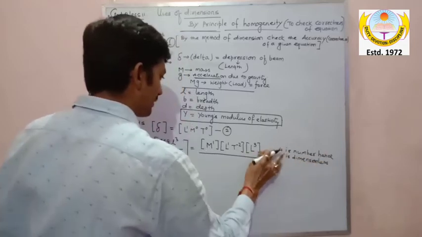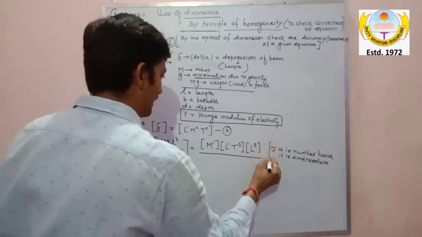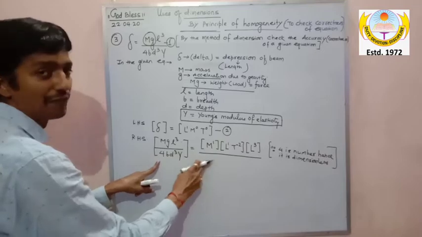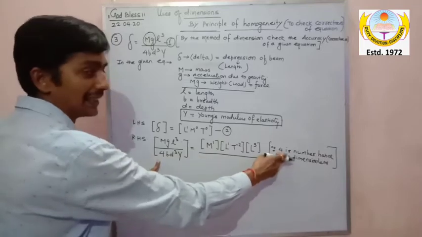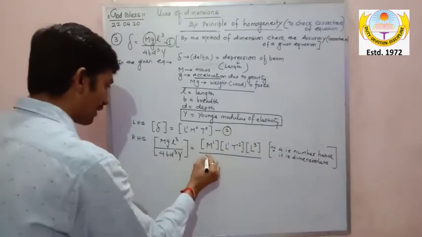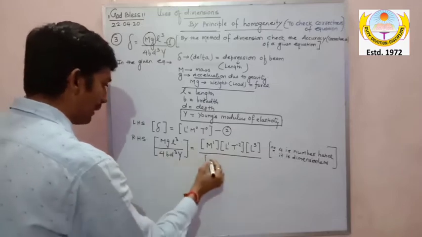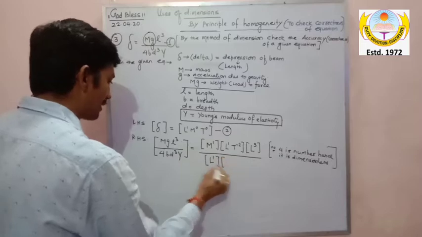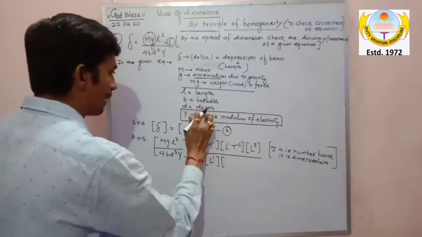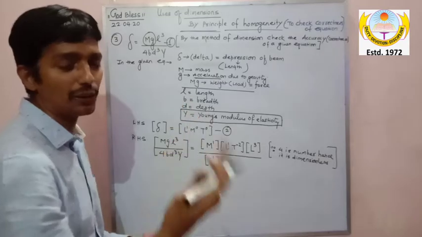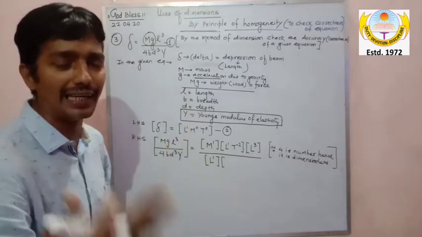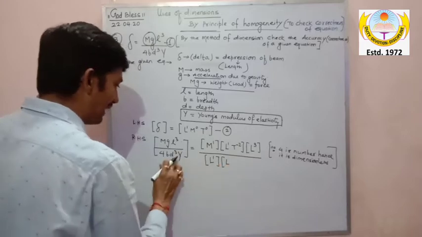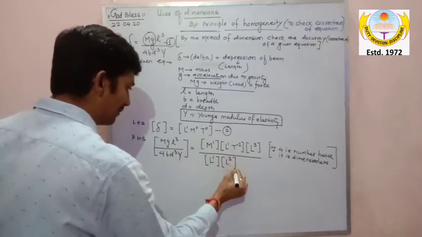Though it is written in the equation, I will not mention the 4 here. Now the dimension for b, that is breadth, is L1. The dimension of d cube, d is depth, again length, because breadth, depth, length, height, radius, everything is length. So here it is L power 3.